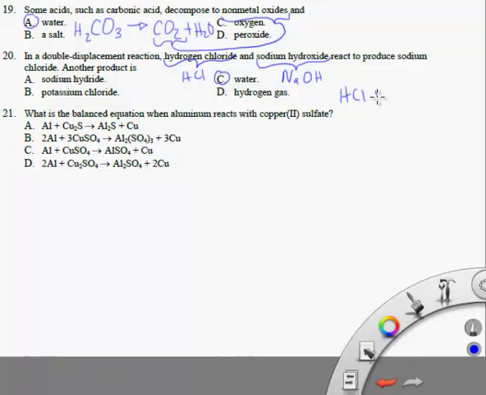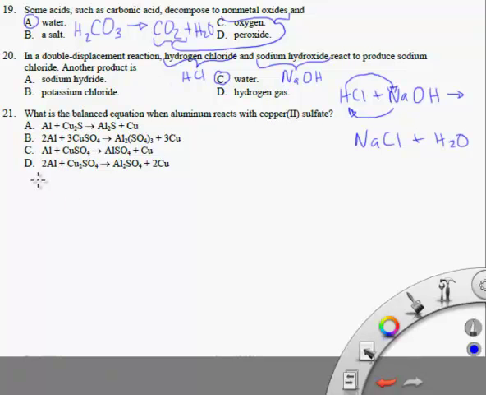HCl plus sodium hydroxide will form your NaCl and your water. Hydrogen will displace sodium, and vice versa, sodium will displace hydrogen. Double displacement reaction. We end up with sodium chloride and H2O.